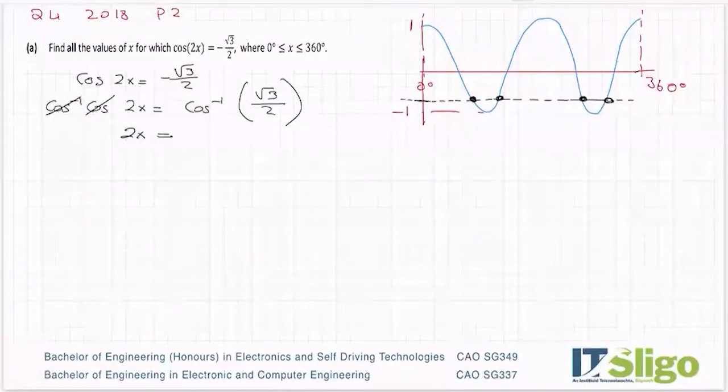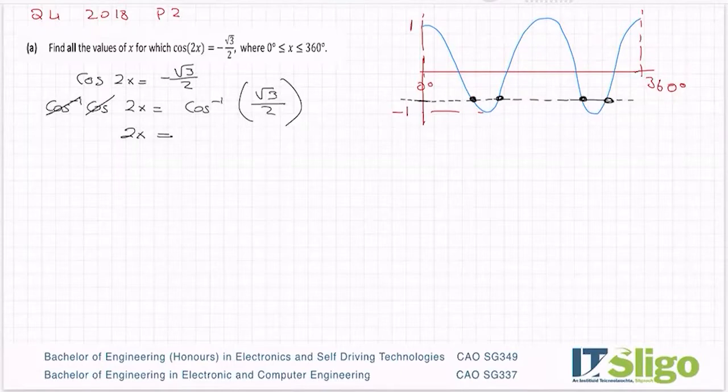So into my calculator, I'm putting cos inverse of a positive root 3 over 2 because I'm looking for the size of an angle, okay? And I got 30 degrees. Okay, so my reference angle, if I could call it that, and I'll explain why it's a reference angle in a minute, is 30 degrees.